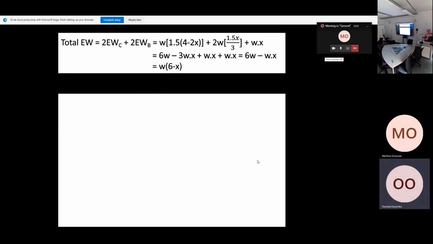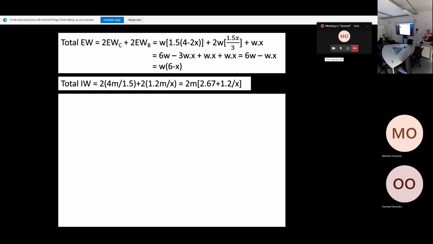So we have got the external work. We've got the internal work. That was the equation for the internal work. So I'm going to equate these two here. For equilibrium, the external work equals the internal work. So we have W times 6 minus X equals this.